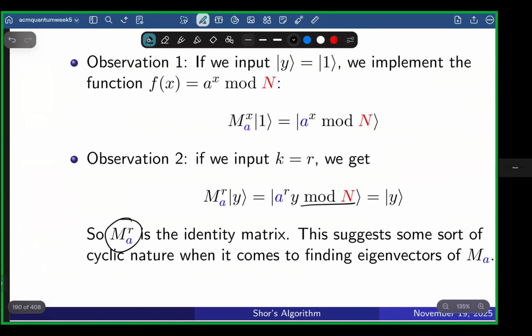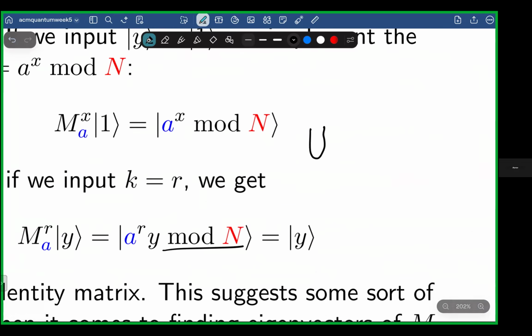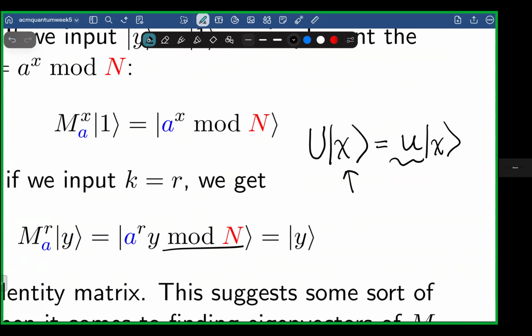The next thing we're going to do is find the eigenvectors of MA. If you're not familiar, if you take some operator, we'll call it U, and you input some vector to it, what you get is the same vector with some constant in front. The main deal is that if the constant is lowercase u, that means this is an eigenvector.